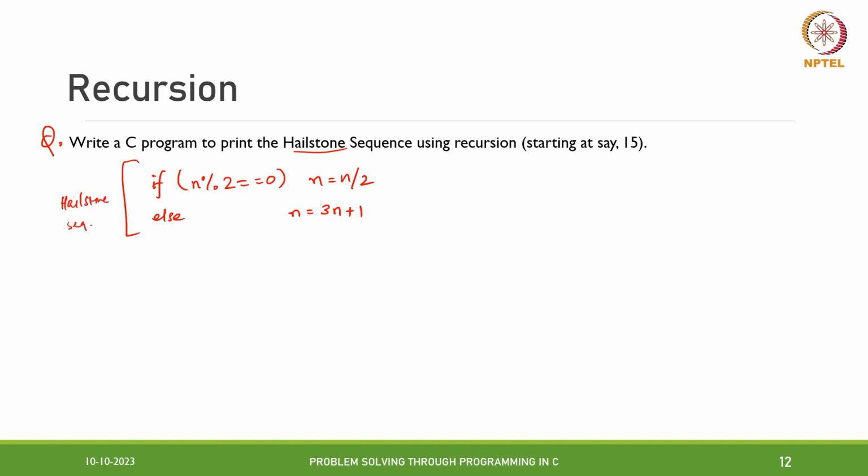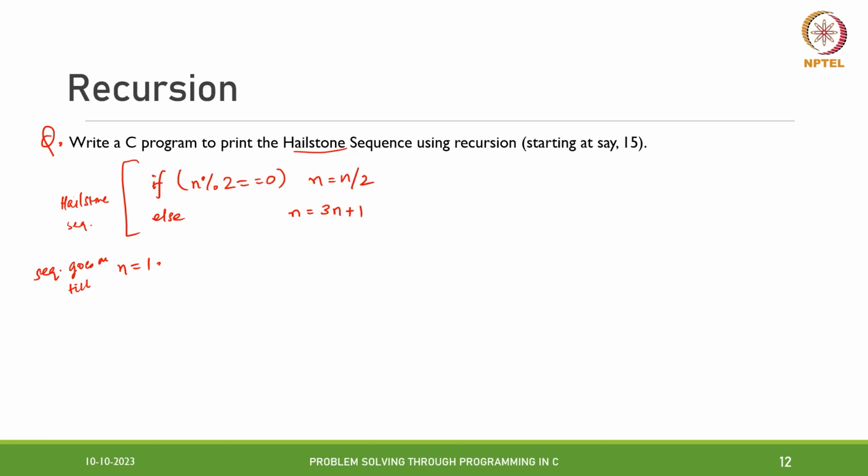This is called the hailstone sequence. If the question asks something like this, what the hailstone sequence is will be specified in the question, so you don't need to worry about that. Now I need to write the recursion for this. This sequence goes on till n becomes 1.